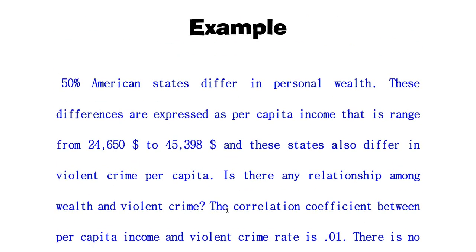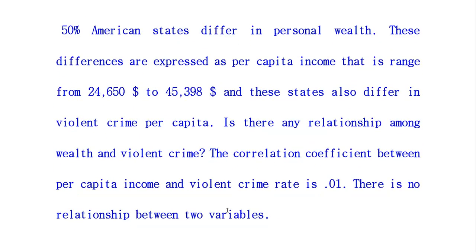Here is the example. The 50 American states differ in personal wealth. These differences are expressed as per capita income, which ranges from $24,650 to $45,398, and these states also differ in violent crime per capita.